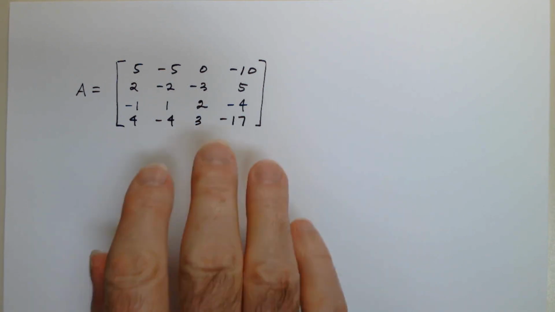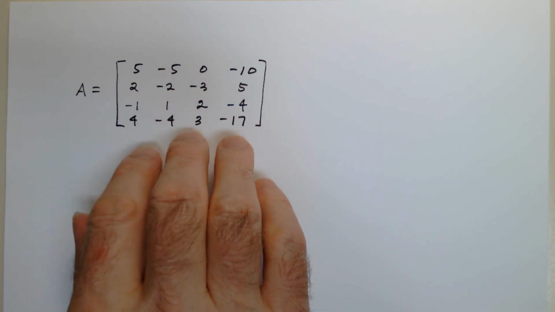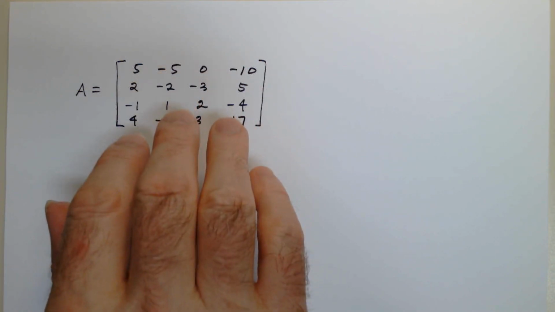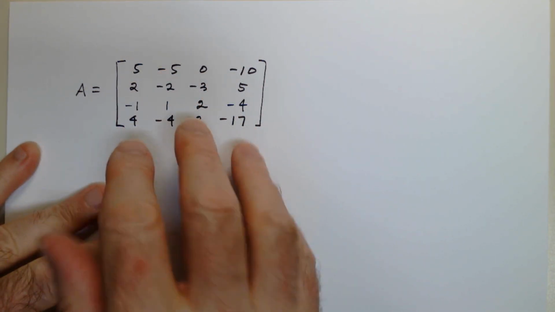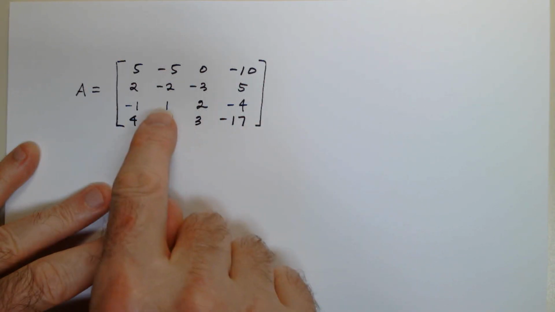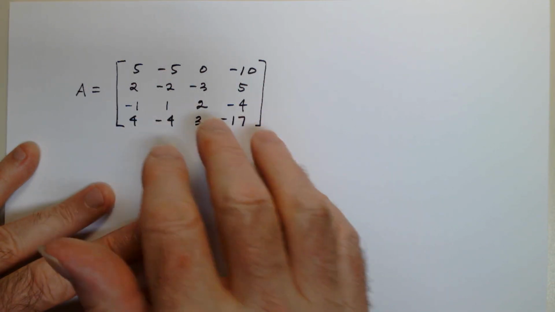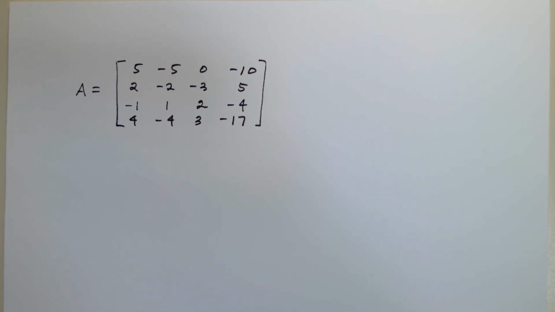Now, let's work out the row space first. Let's work out a basis and therefore the dimension of the row space. So what are we going to do? To get a basis for the row space, we're going to first put this matrix in its reduced row echelon form. So we're going to go through a sequence of elementary row operations.